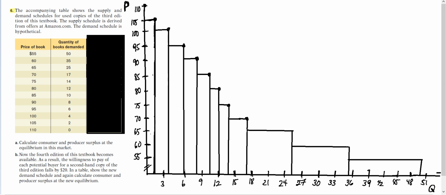And when I connect these dots, I hope I can do it without botching it too much. Okay, so what you should see now is the development of our downward sloping demand curve, an actual non-linear curve, reflecting the idea that as our price decreases, we get more and more consumers coming into the market willing to pay for an item.